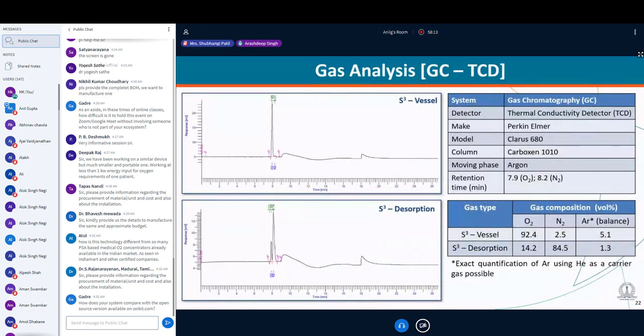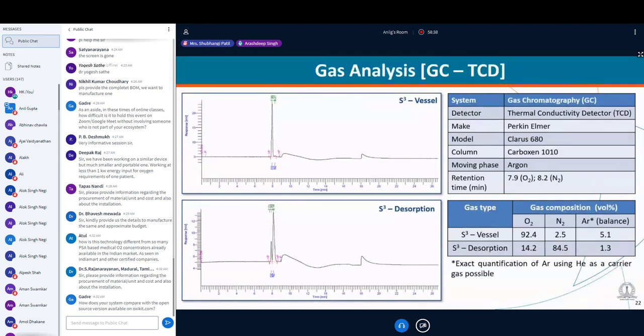Now, when we were doing various experiments, people used to come and ask what kind of sensors you're using for oxygen. I just want to point out that we are using an electrochemical sensor, but when you go for any kind of certification, you need to show your GC traces, gas chromatography traces. We also have that facility in our lab. We collected samples from the output line and also from the desorption side.